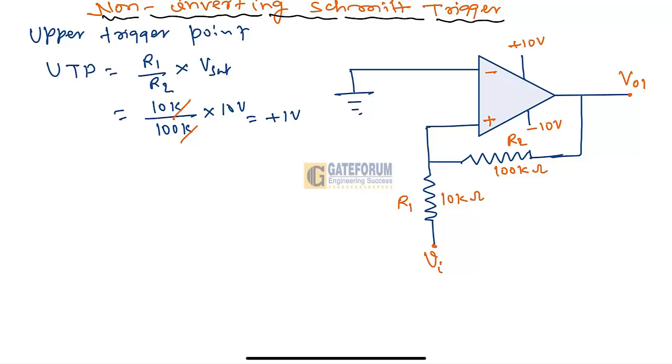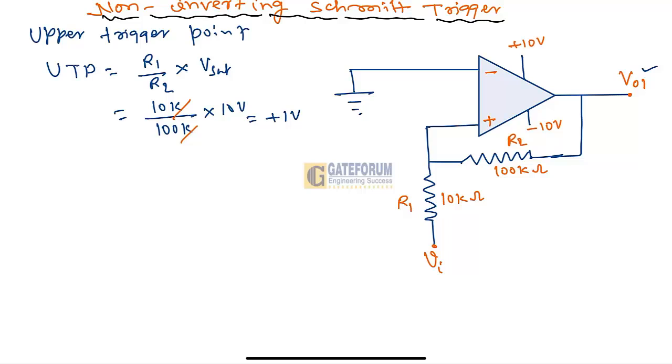Whenever the input signal crosses this point on the waveform, the status of the output VO1 changes from minus Vsat to plus Vsat. Previously it was at minus Vsat. Whenever the input crosses this upper trigger point, it changes from minus Vsat to plus Vsat.